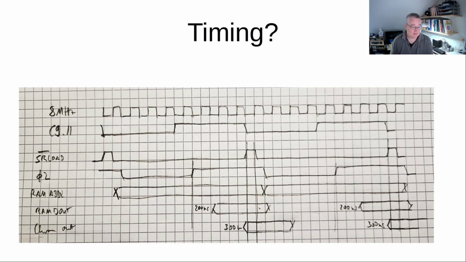So the data goes out 200 nanoseconds after that, and then the character ROM has an access time of 300 nanoseconds. I'm not sure I got the right data sheets. It's not exactly clear, but I think that should be right. So that the data is available once the shift register load pulse is coming. Then the character ROM out has the data for the shift register.